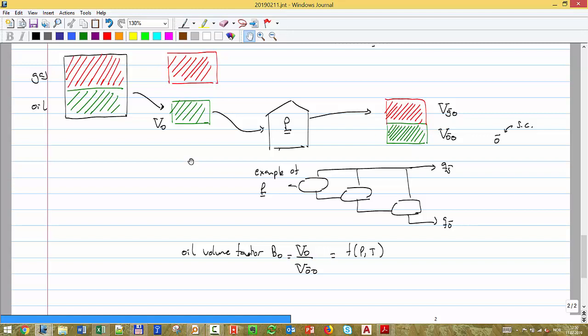That means this factor is typically always greater than 1, and actually has a number maybe between 1.1 and maybe even 1.8. Meaning that the volume of the oil at any pressure and temperature, let's say at the reservoir, can be twice the amount that you have at the surface.